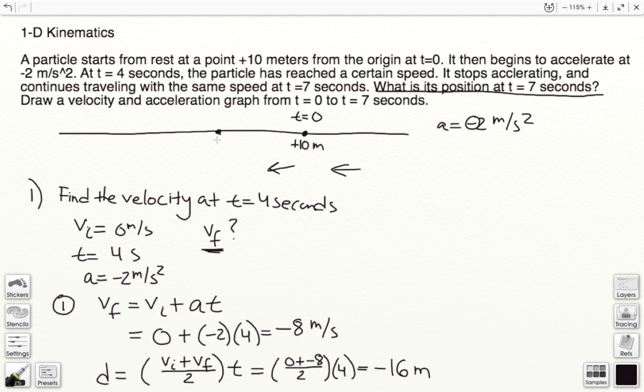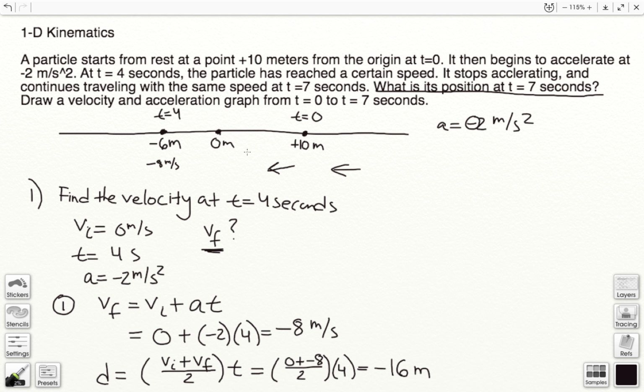So this is my origin, 0 meters. And we can call this -6 meters. Then at t equals 4 seconds, I am at this point, and I'm moving at a speed of -8 meters per second.